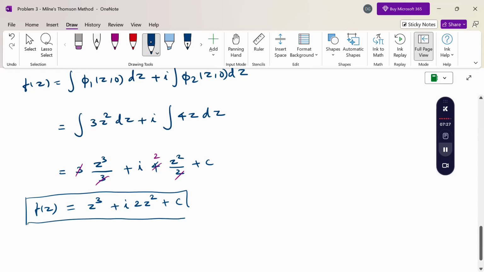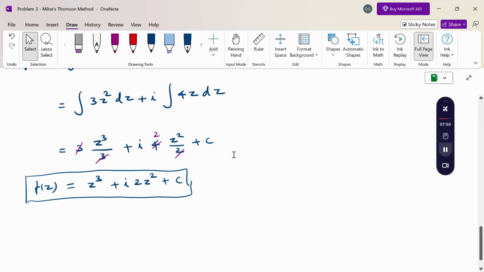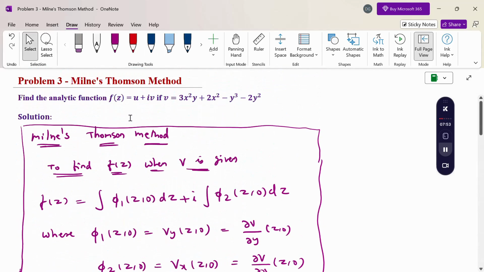The main aim of the Milne-Thomson method is to find f of z. If the conjugate is required, substitute z equal to x plus iy in this equation, simplify and expand, then rearrange real and imaginary parts. The real part is u and the imaginary part is v, because f of z is nothing but u plus iv. Thus we use the Milne-Thomson method to find f of z when v is given.